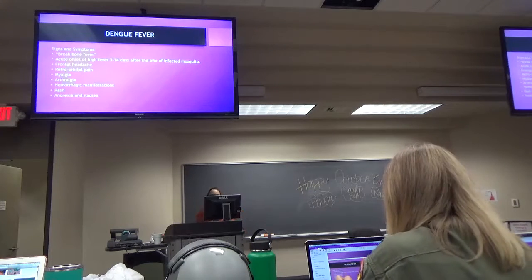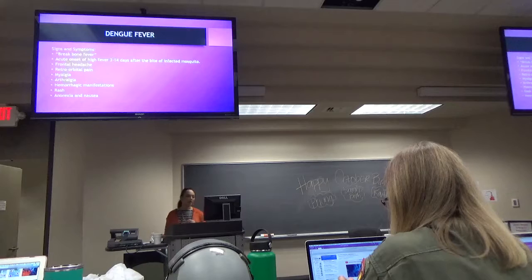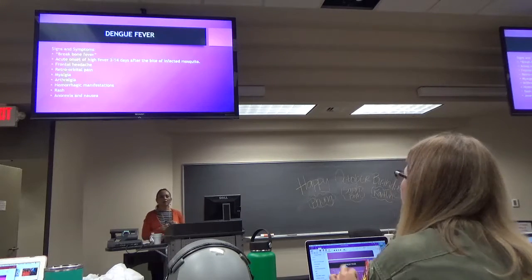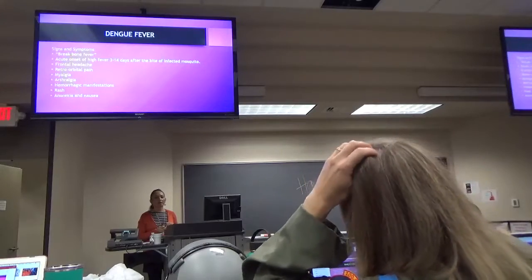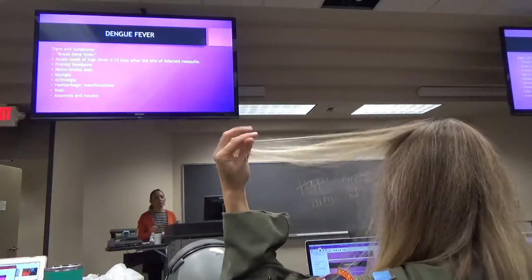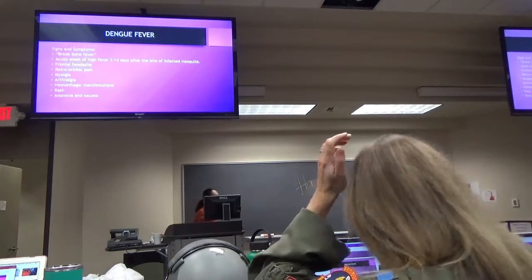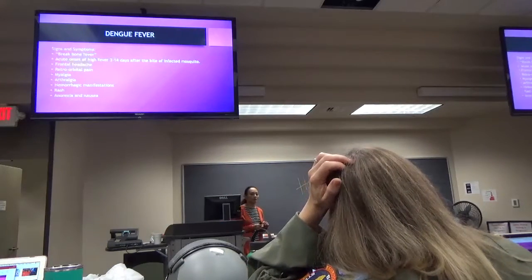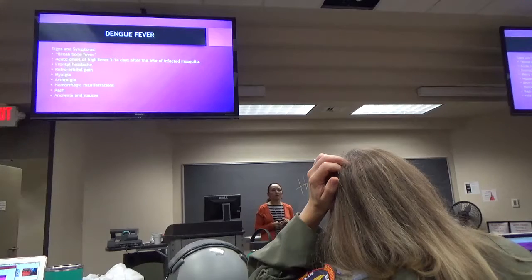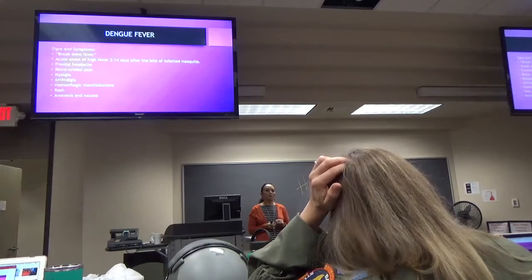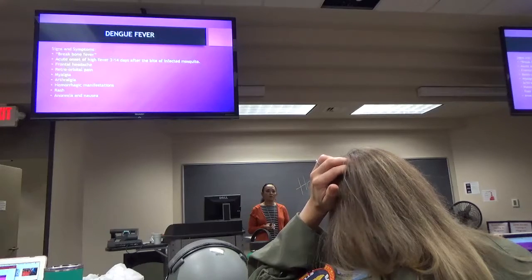So signs and symptoms of dengue fever, again, are the same as other viral illnesses. If someone was asking me how you can tell the difference between this virus and malaria, it's hard to. When someone comes in the ER with a viral illness of fever, chills, nausea, vomiting, diarrhea, you have to ask about traveling. If they've traveled recently, you have to ask where they traveled and what city.